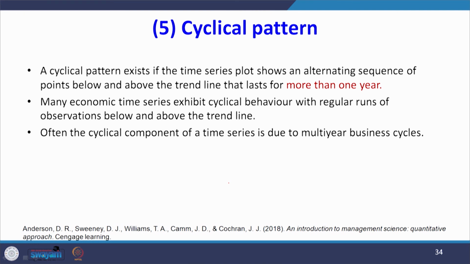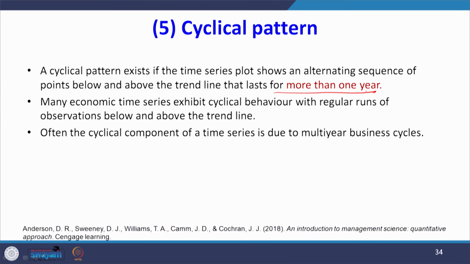The next type of pattern is cyclic pattern. A cyclic pattern exists if the time series plot shows an alternating sequence of points below and above the trend line that lasts for more than 1 year. You may ask, what is the difference between seasonal pattern and cyclic pattern?